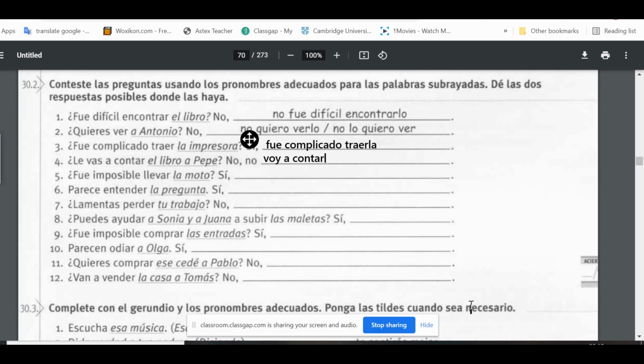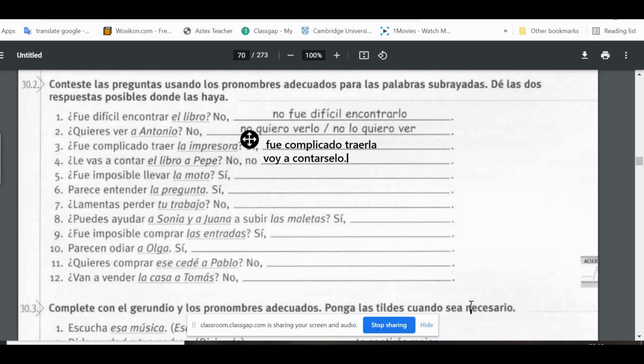So the first thing is a Pepe. So the a Pepe will be either lo or le. If it is le, remember what happens when you use le and another object. It becomes se. So contarse lo. No voy a contárselo.